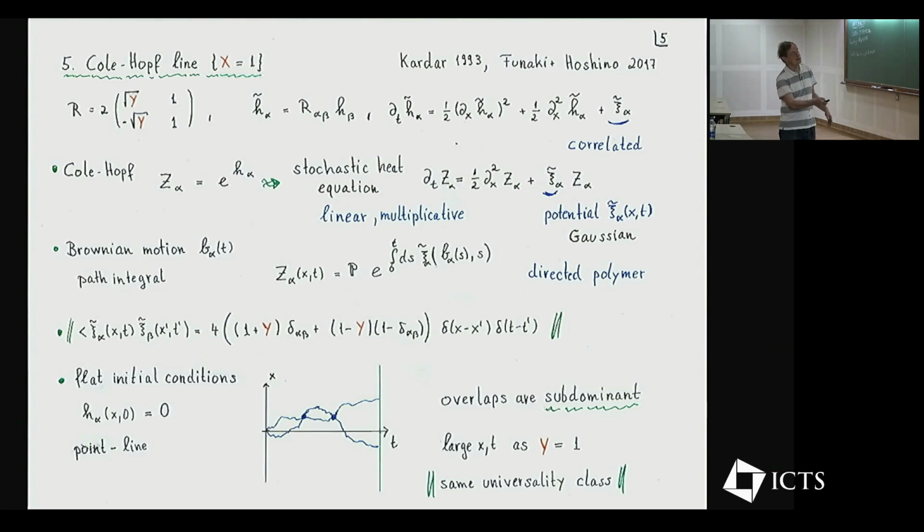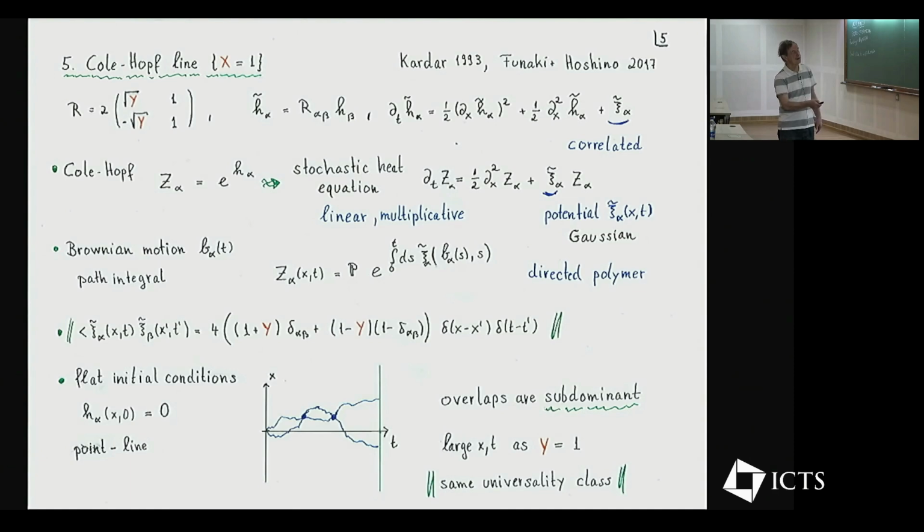There are two of them, one for component 1, the other for component 2, and now you have a weight which is simply this integral, integrated along the path, integrating this random potential. This is the x coordinate and that's the s coordinate. This is space, this is white, right?